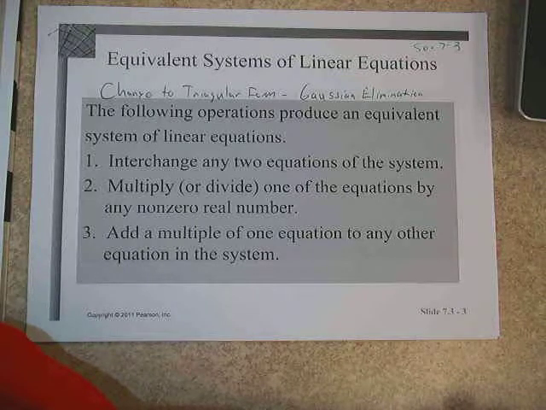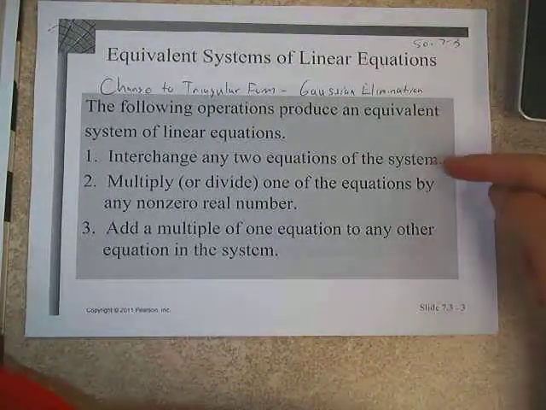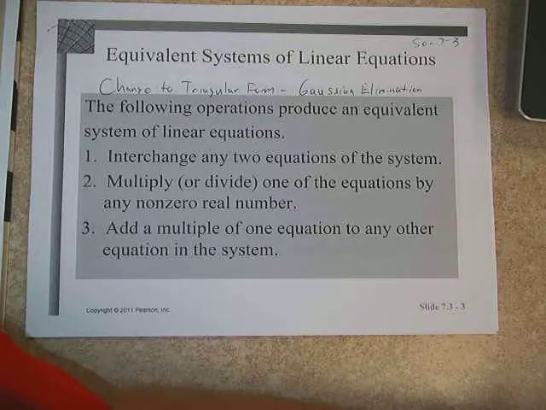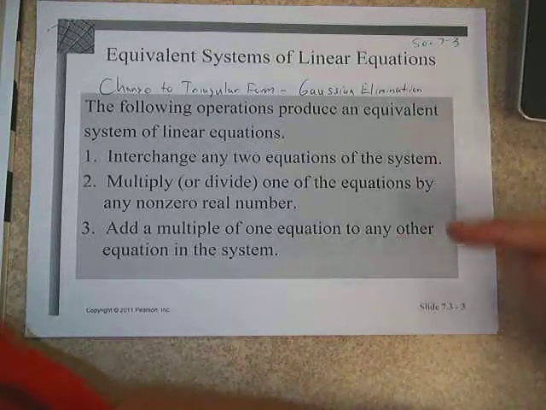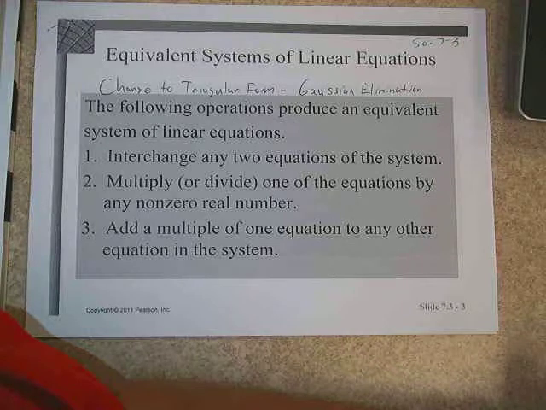Ultimately, the following operations produce an equivalent system of linear equations. In other words, when we're dealing with a system of equations, it is okay to do number one, which is interchange any two equations of the system. It doesn't matter the order that they're in; we can interchange them as we see fit. It is also okay to multiply or divide one of the equations by any non-zero real number.